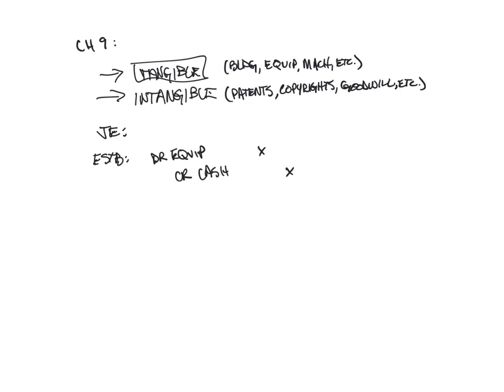There's a few things to note as it relates to the establishment of a non-current tangible asset, one of which we talked about last class period. That was the capitalization rule. The capitalization rule helps dictate what it is that we debit and credit here when we are acquiring or establishing the asset. Remember, the capitalization rule indicates that we capitalize anything necessary to get the asset ready for its intended use.